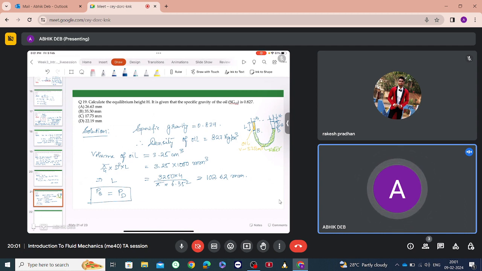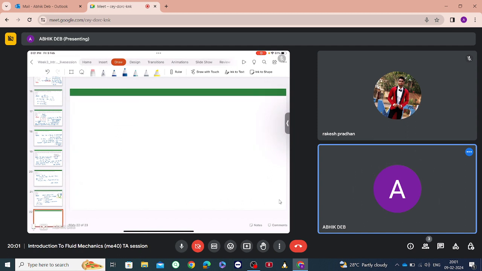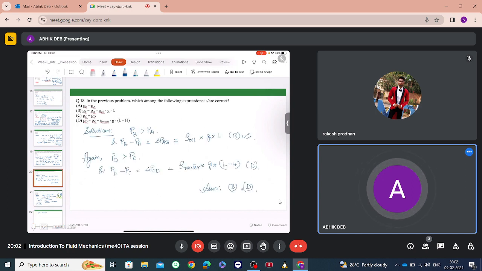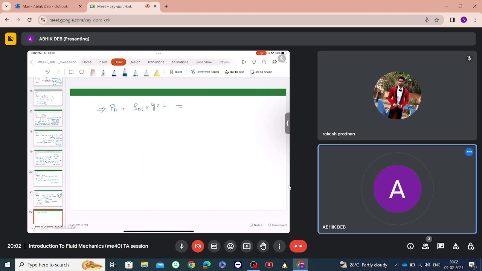Now we use this. So pressure at A plus density of oil into g into L, that we have found from this problem. So pressure at B is equal to pressure at A plus rho oil g L, which is equal to pressure at C plus density of water into g into L minus H.